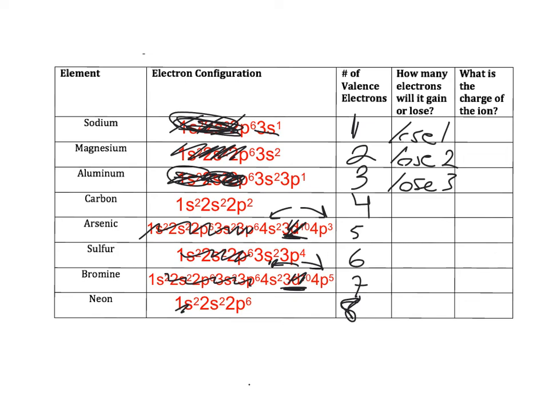Carbon's an interesting element because it's equally likely to lose 4 as it is to gain 4. We don't really give you examples with carbon. We don't make you work any problems with carbon. There's a whole field of chemistry dedicated to carbon and carbon reactions. It's called organic chemistry.